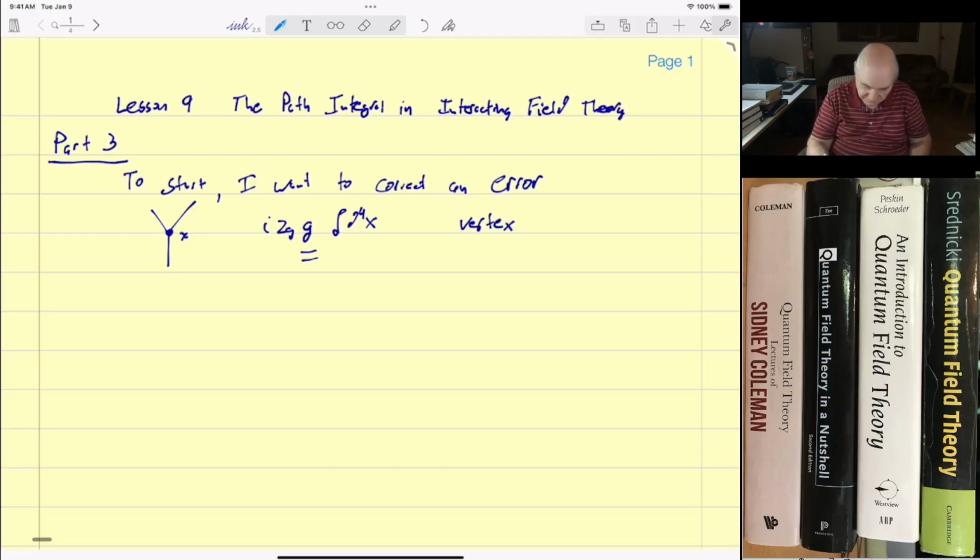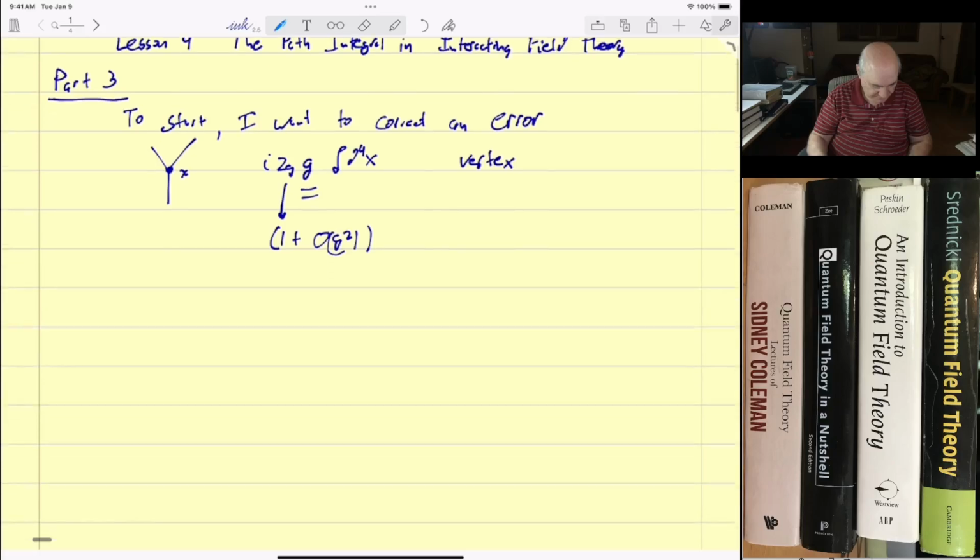Z_g is a factor that will probably be of order g squared, so 1 plus order of g squared. Usually this is 1 plus order of g squared. So if you're working to order g, you just use 1 for Z_g, but you need the g in there.